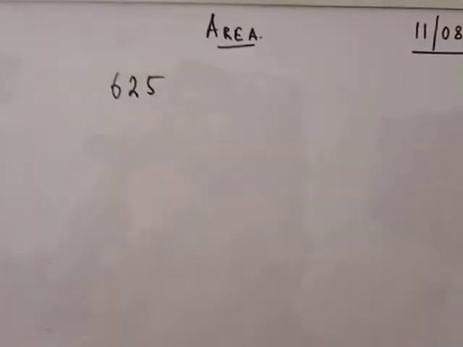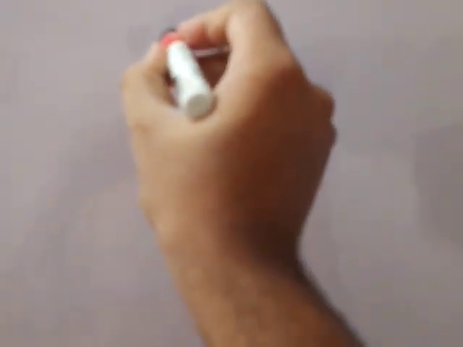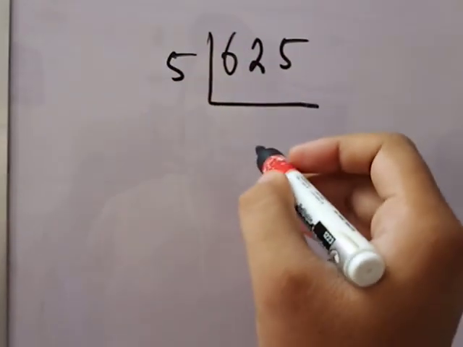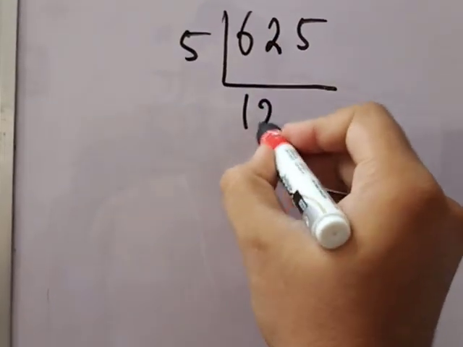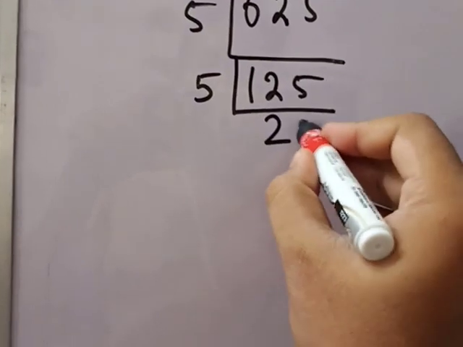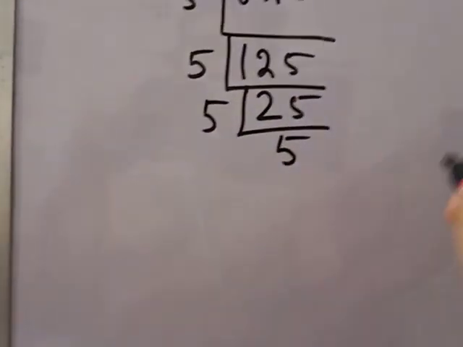Now one more example, 625. If we divide by the prime factorization method, 5, 125, 5, 25, 5, 5.